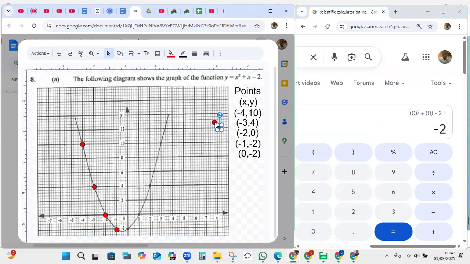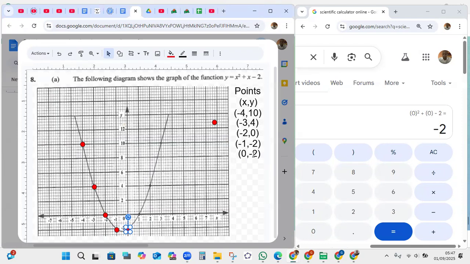Okay, so as you can see, the parabola, that curve, is actually going back up. Okay, so you can see it was coming down from -4 to -1, but from 0 onwards it's going back up and it's repeating the same y coordinates.